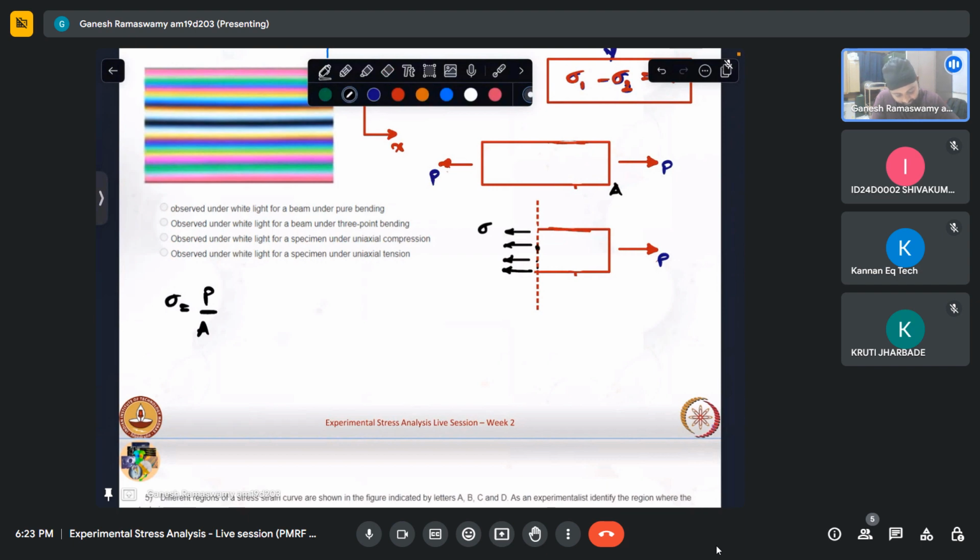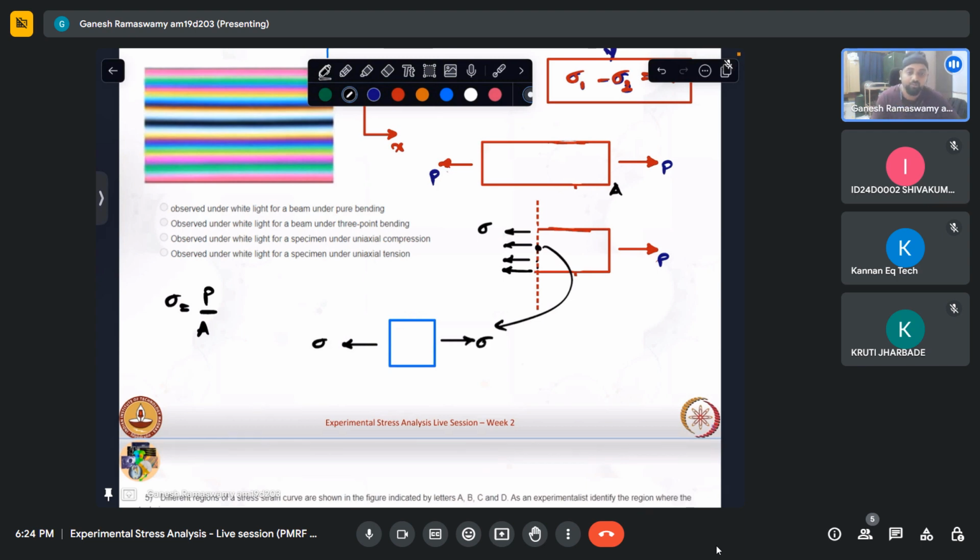So if I were to take one point now and zoom it in here, let me draw the state of stress at that point. Now here the state of stress I have, this is sigma, this is again sigma.